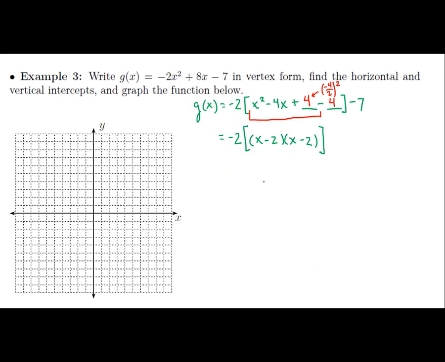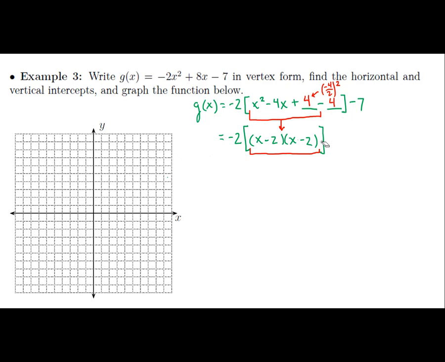All right, so with that, what we have is x minus 2 times x minus 2, which comes from the x squared minus 4x plus 4. But I closed off my bracket a little too soon there, didn't I?